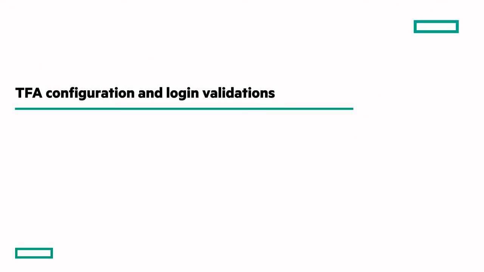In this section, I start by reviewing the technical prerequisites and configuration settings in the iLO graphical user interface. To validate the TFA, I will log in to the iLO using Postman first and then with the iLO GUI.